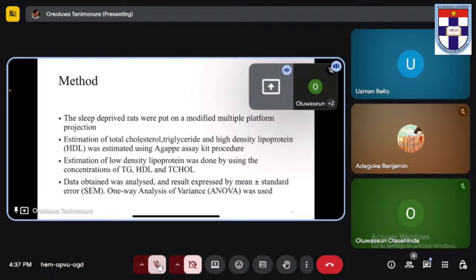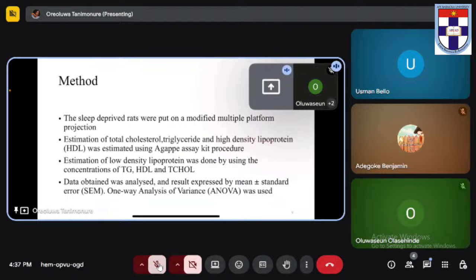So in case the rats sleep, they will fall inside the water and have to go back to the raised platform. The high salt diet was done by molding the salt into the feed with water. The salt and the feed were measured so that we could get an estimate for the measurement.